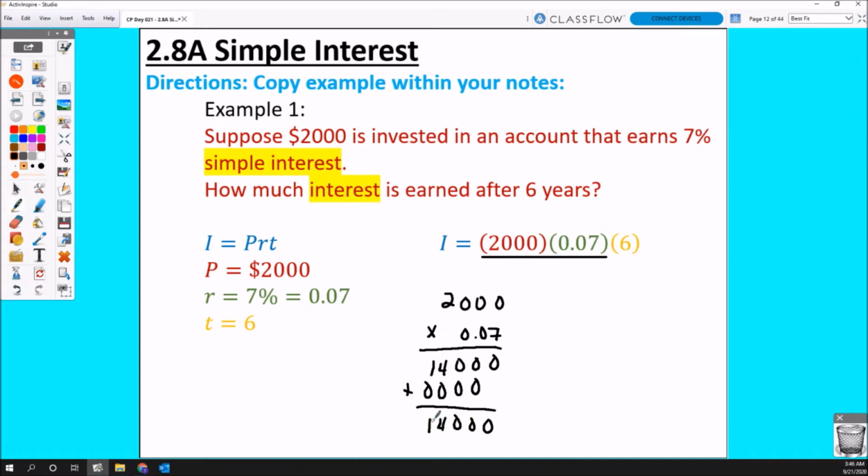So I have 14,000. Now, you've got to be careful. When you're multiplying with decimals, you have to make sure you account for all the decimal places. For 2,000, the decimal at the top is right here, so we have 0 decimal places, which is good. But over here we have 2 decimal places, so I'm going to write plus 2.